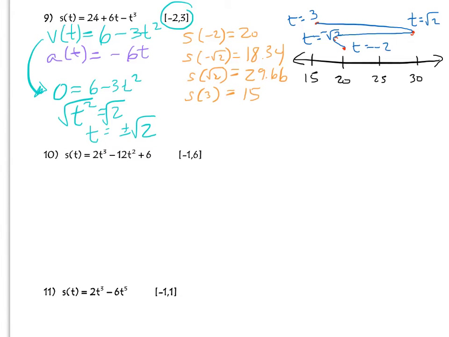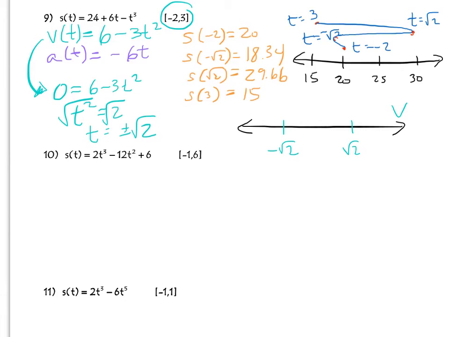The last part we want to do is go ahead and figure out when it's speeding up. Let's start off with a number line, and what we're going to put on here is when our velocity was 0, which we've already figured out. We put velocity on top. That's at negative square root of 2 and positive square root of 2.